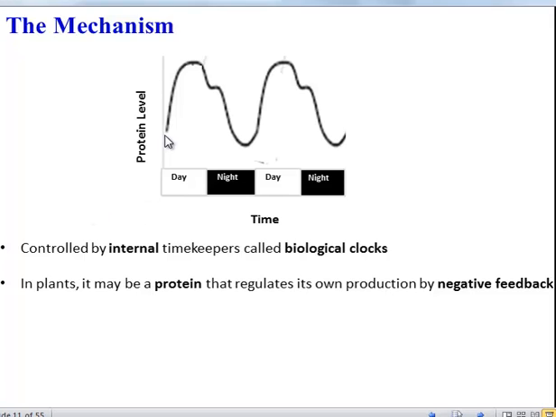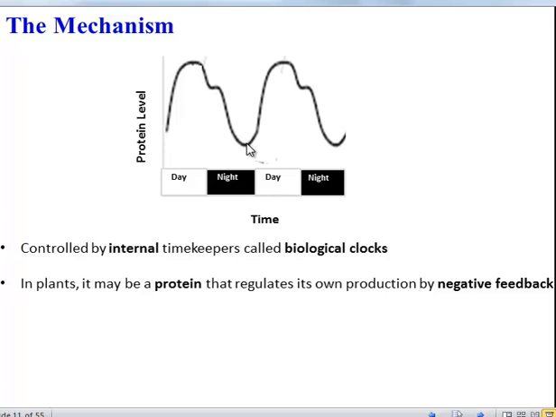So at the beginning of day, when light is first outside, there's not a lot of this protein present. So the protein expression turns on and protein is produced. Once it hits significant levels, maybe towards the end of the day, the protein expression turns off. The protein shuts down transcription and translation. So levels start to drop during the night.